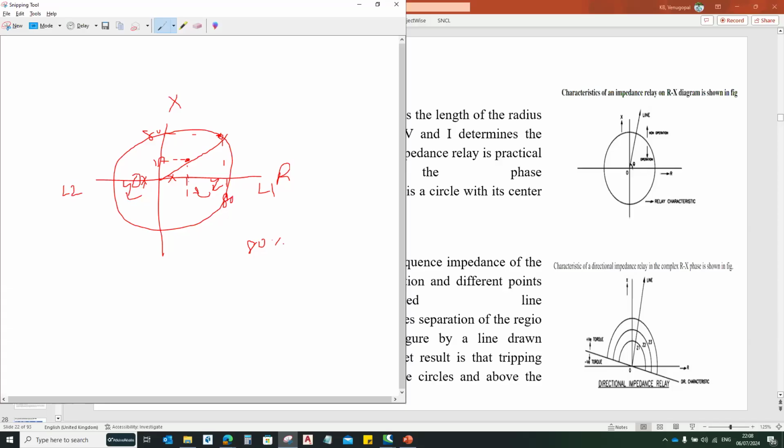But as the relay whatever you provided here, is with these characteristics. So, sorry to disturb you. Yeah. We can't see your cursor, sir. 1 second, I will make it. Just I'll take.